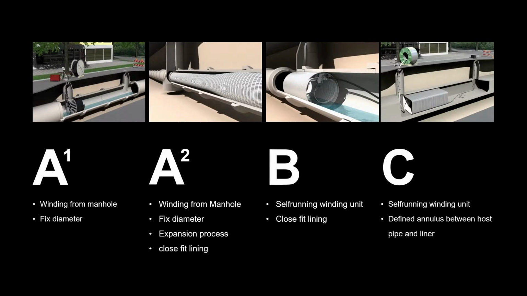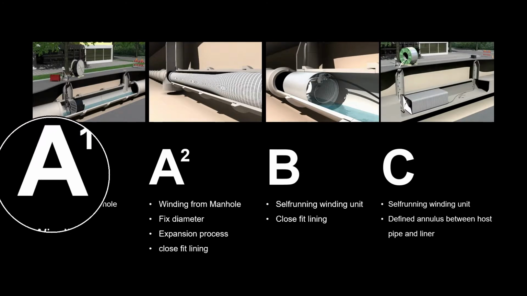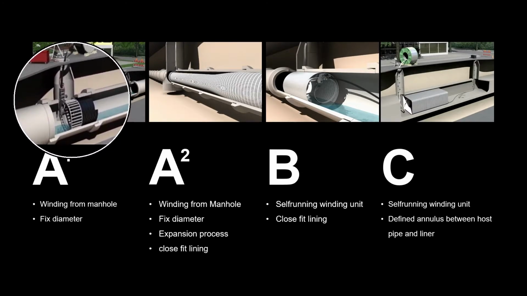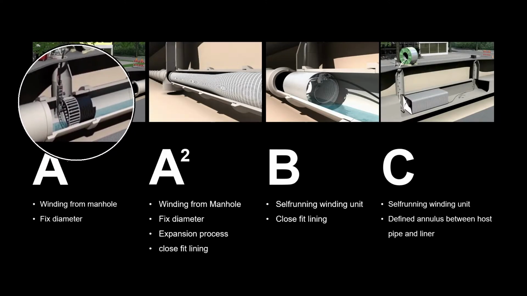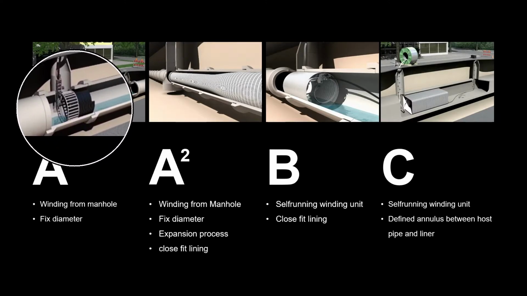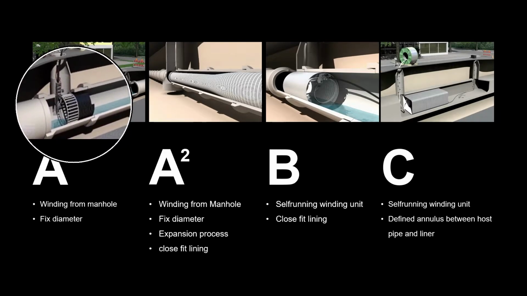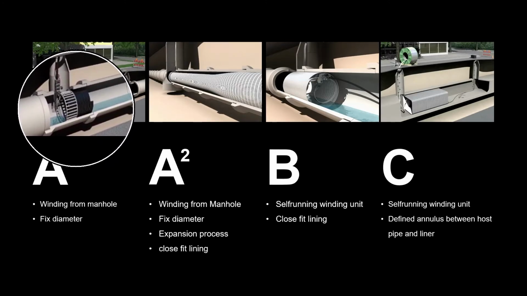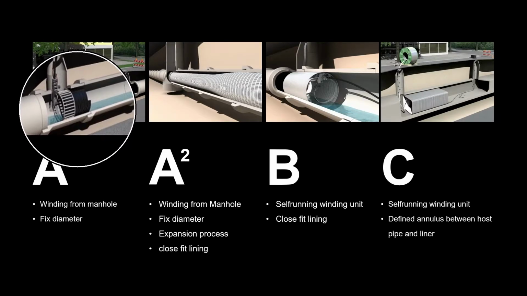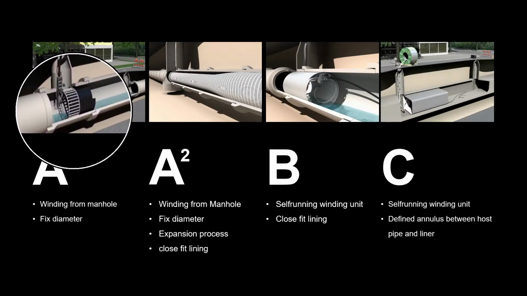The differences between these groups are mainly that with the group A1, the winding machine is installed in the starting manhole and stays there. So it means the winding of the liner is in front of the machine. So the liner runs through the pipe, and there we have a fixed diameter and therefore also an annulus gap between the liner and the host pipe later on.